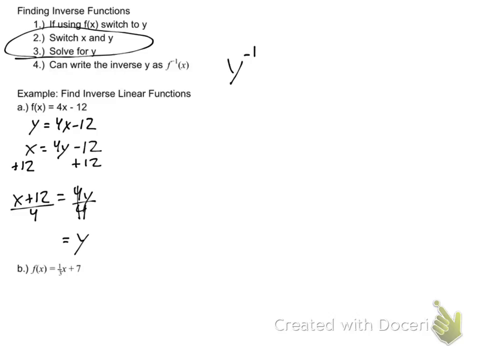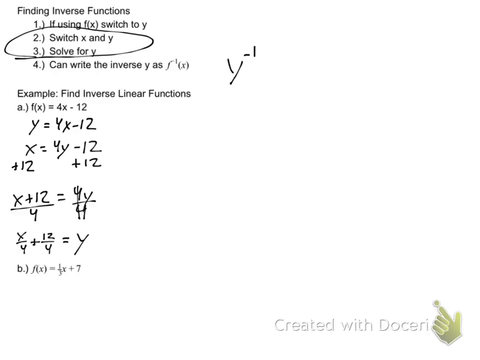So y equals, guys, I'm not going to leave it like x plus 12 over 4. I'll separate those. And what would those separated be? So remember, we got to break that up. X over 4 plus 12 over 4, which is 3.